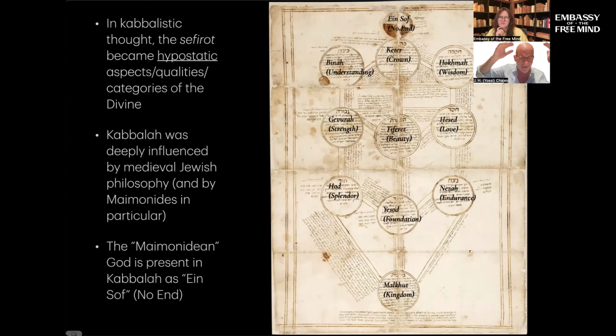But the Ein Sof, that no end, you're not going to get. It's beyond human comprehension, and therefore, I think it's fair to say Kabbalists had relatively little to say about it. So most of Kabbalistic thought is focused on the 10 Sfirot that you see under Ein Sof.